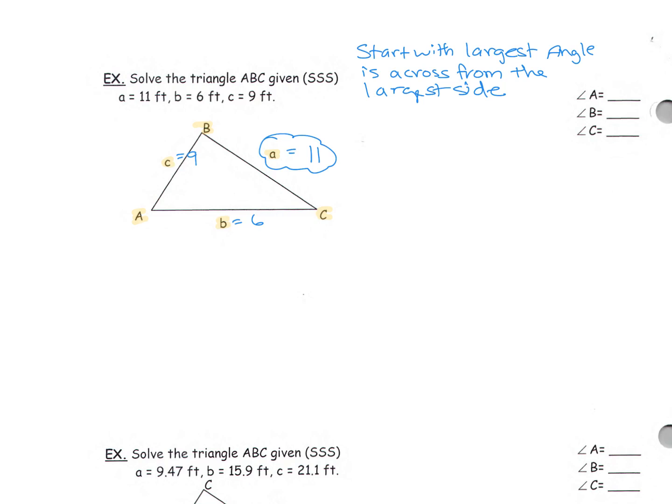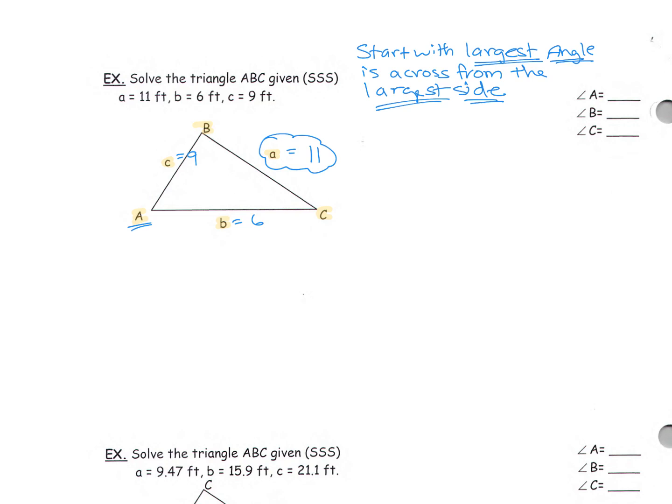It's side A. So when I pick my formula, I'm going to pick my formula where I'm doing the cosine of my angle A. I'm going to start with the largest angle, which is always across from my largest side. This is to avoid the ambiguous case when I'm changing to my law of sines, which is something you're going to learn more about next year.